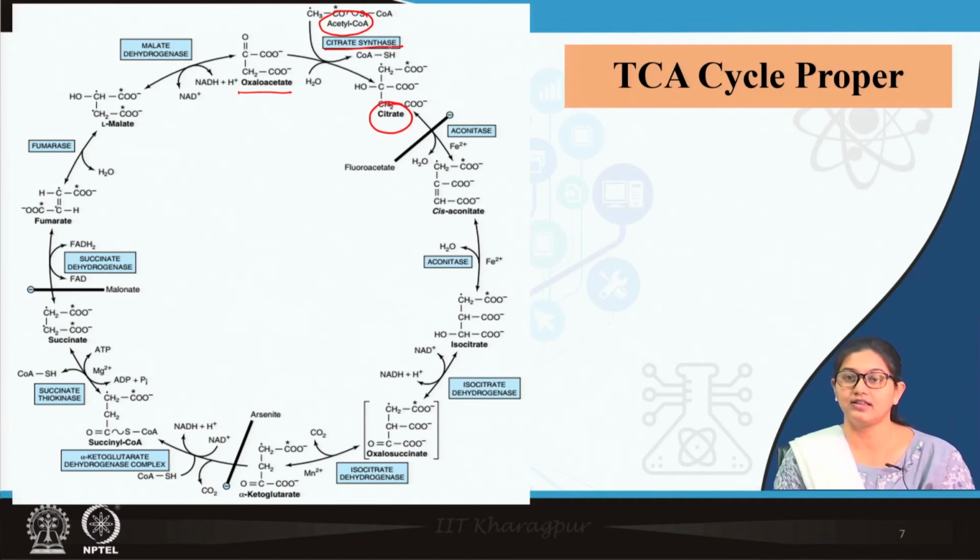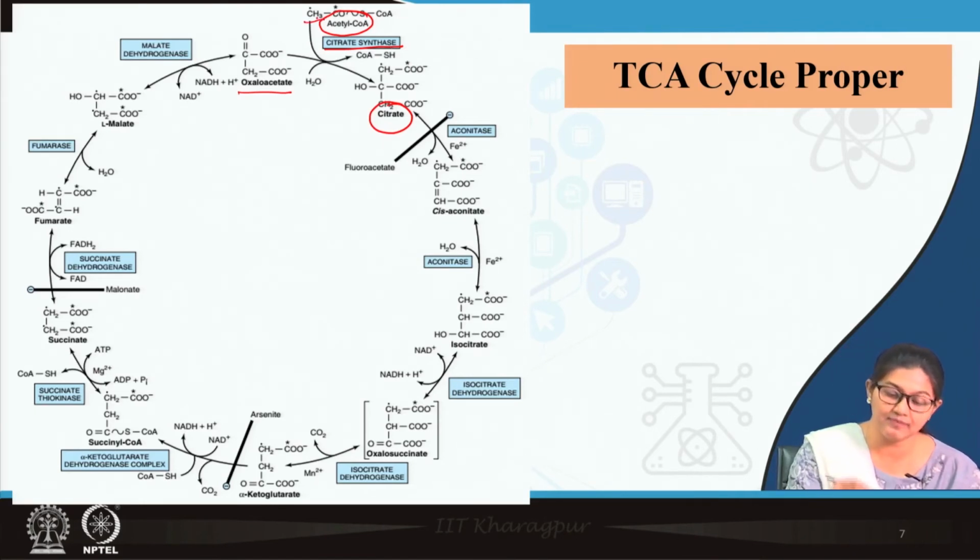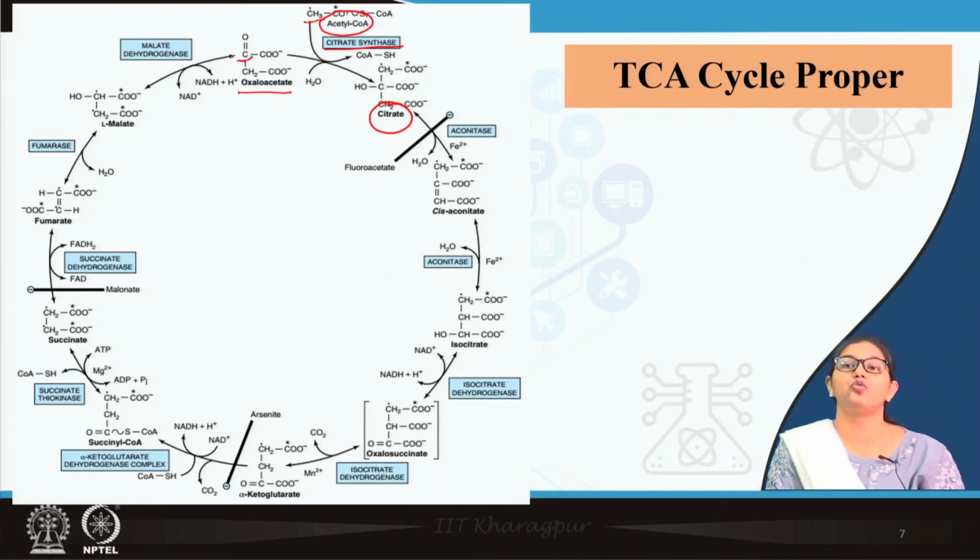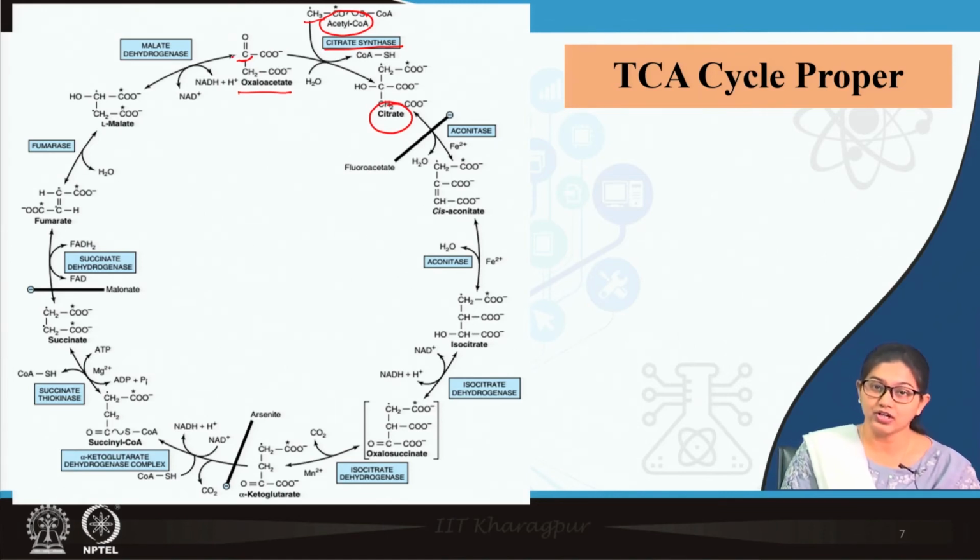Now, citrate synthase, why is it important? It is basically helping to form a direct carbon-carbon bond between the acetyl group of acetyl coenzyme A and the carbonyl group of oxaloacetate to form citrate. Now, citrate undergoes isomerization to form isocitrate.